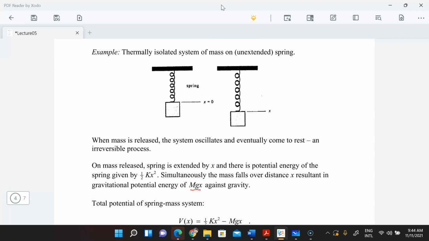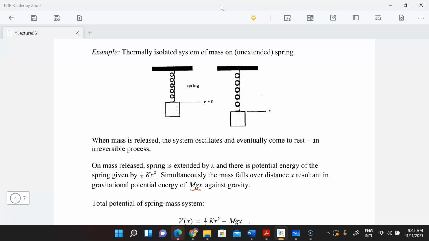If you remember how this system behaves, initially you have an unextended spring, and then you put a mass on it and the spring gets extended. Then you have the force that reverses the extension of the spring, so it tends to move back and forth.